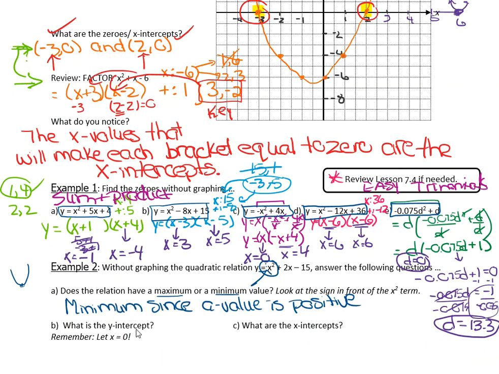Part B says, what is the y-intercept? So again, this all says without graphing, right? So how am I going to get the y-intercept without having a graph to look at? Well, let x equal 0. So take my equation, y equals x squared plus 2x minus 15, and in for x I'm going to put a 0. 0 squared plus 2 times 0 minus 15.